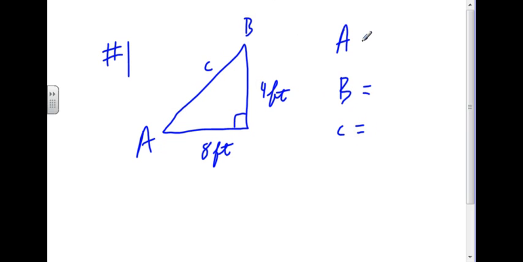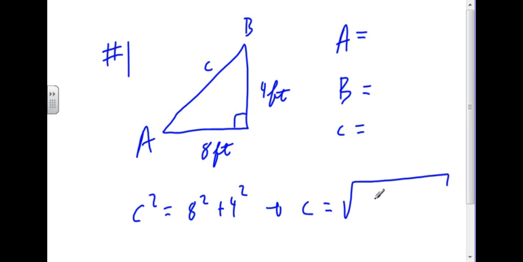Which one do you want to go for first? Little c, good choice. So c squared is equal to 8 squared plus 4 squared, Pythagorean theorem. C is going to be the square root of 64 plus 16, the square root of 80.